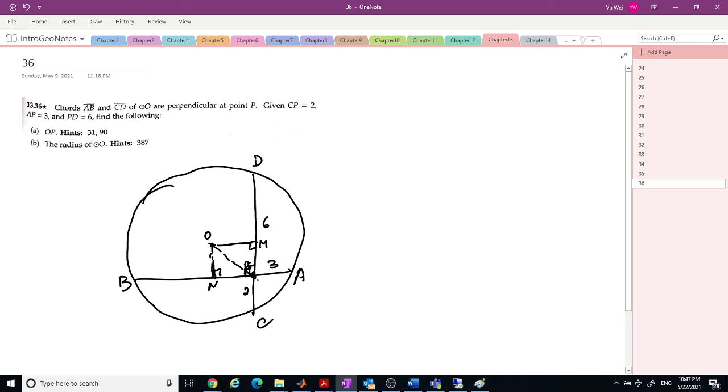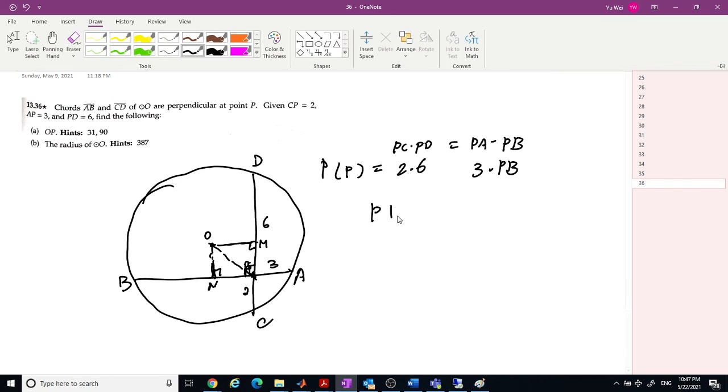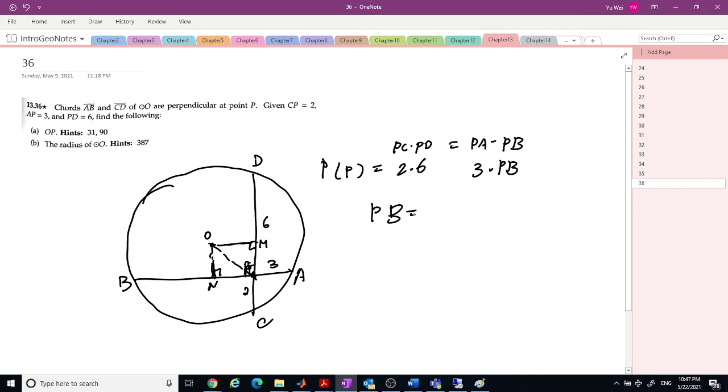So using the power of the point P, 2 times 6, which is PC times PD, is also equal to 3 times PB, so it's PA times PB. So we can solve PB is equal to 4 first.